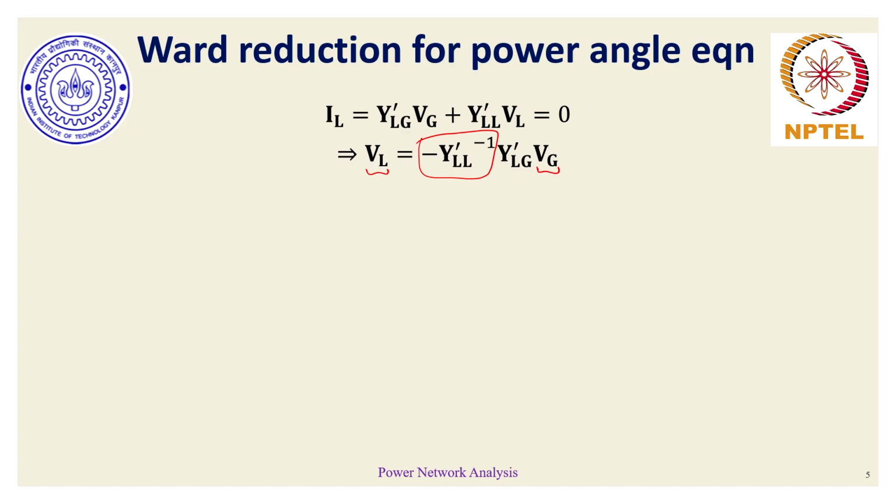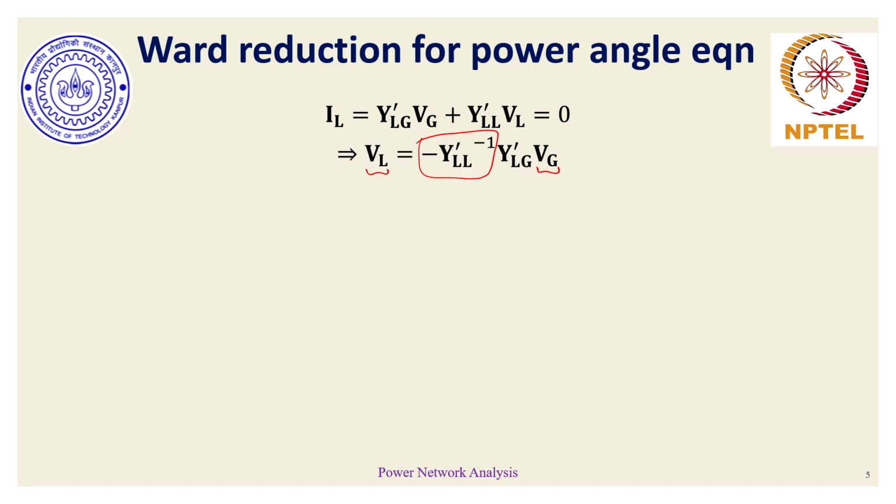For Y'LL to not be a singular matrix, there has to be a proper grounding present somewhere, because of which the corresponding bus admittance matrix should not become a singular matrix. Please recollect from the power flow analysis module where we were discussing bus admittance matrix that if the network is not directly connected to the ground with respect to which voltage or potential is being measured, then the Y matrix tends to be a singular matrix.